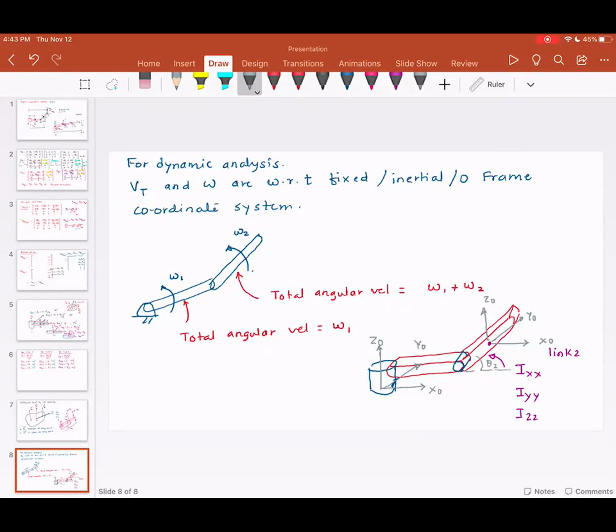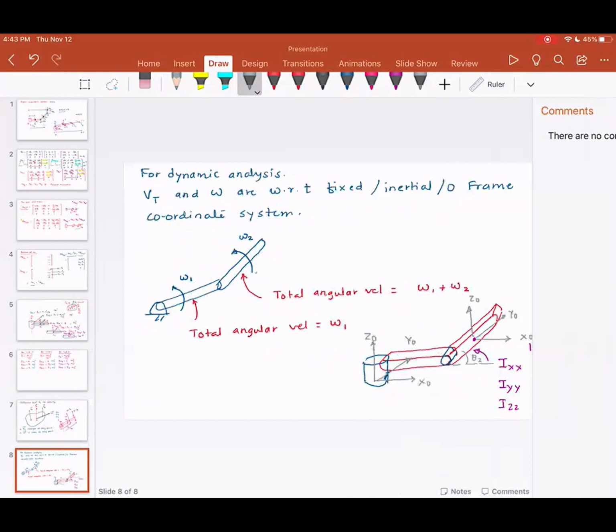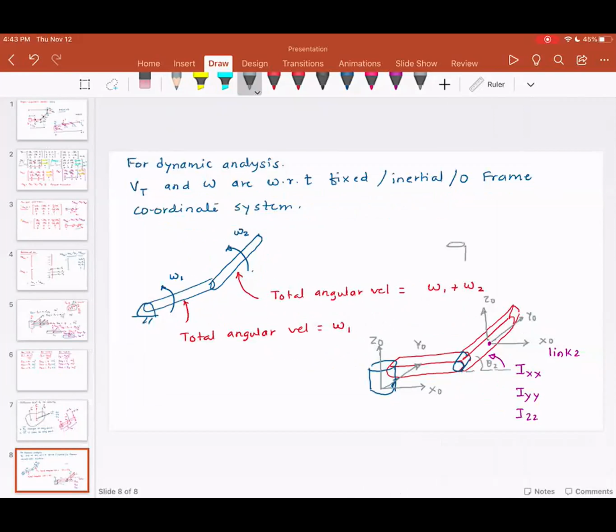And there is a way to attempt this type of problem, but I wouldn't recommend it. So what you want to do is, this is not the equilibrium position or the position in which you will draw the kinematic diagram. If you were to draw the kinematic diagram for this system, your kinematic diagram should look something like this. So this is the correct way to draw the kinematic diagram.